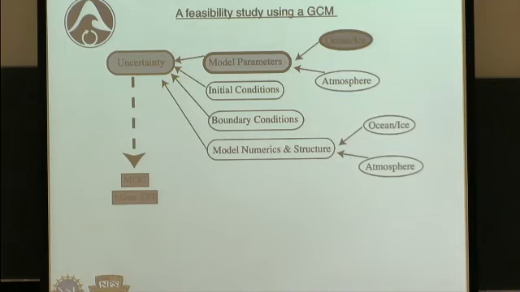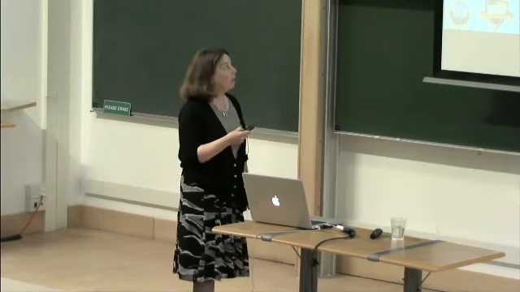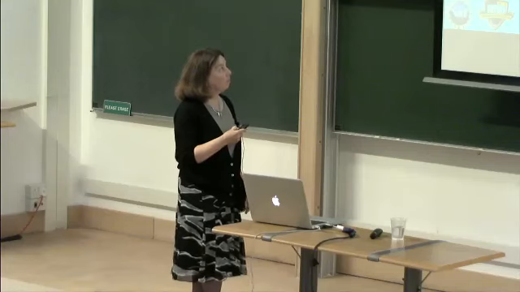So you have model parameters, initial conditions, boundary conditions, and then the numerics or the structure of the model itself, all can contribute to the uncertainty on whatever outcome you're looking at, be it the overturning, the surface temperature, etc.